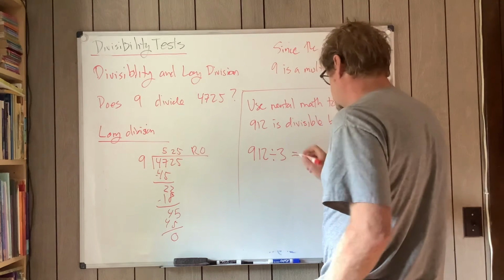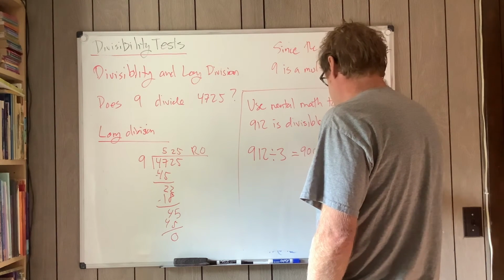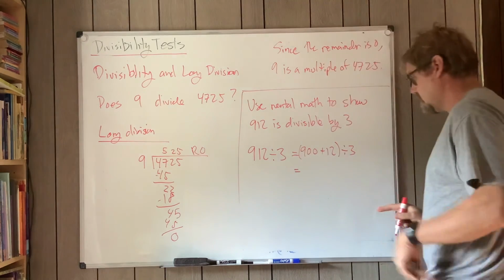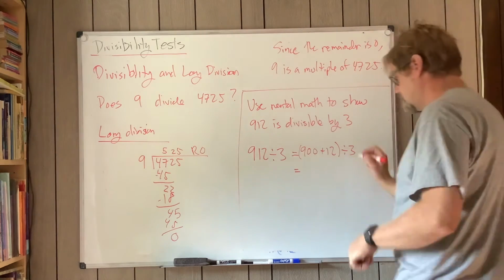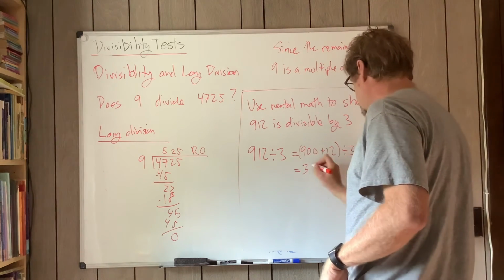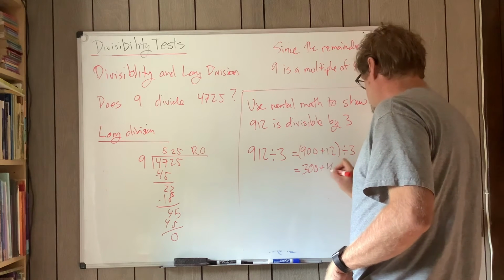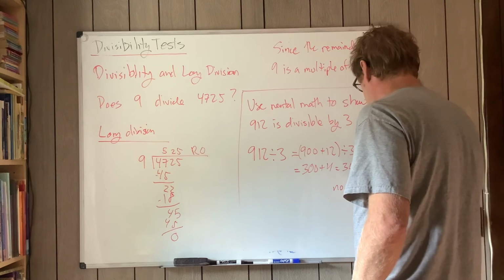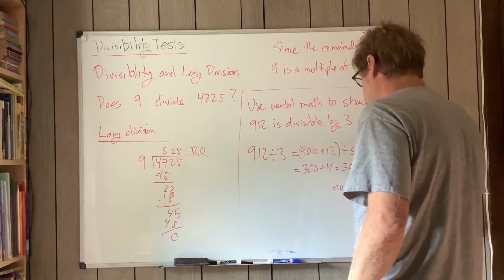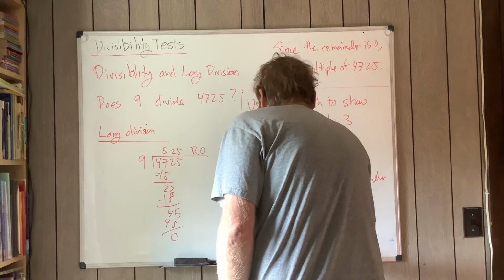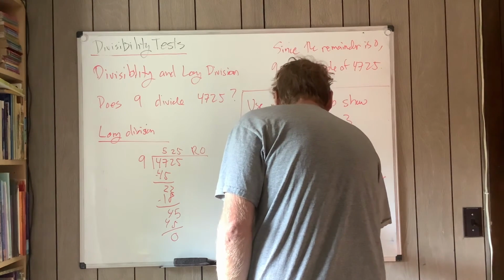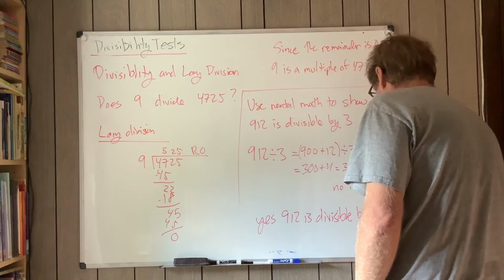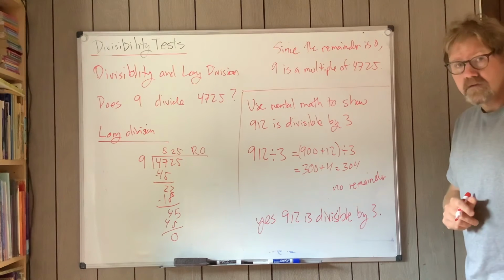And the way that I would look at this is I'm going to write this as 900 plus 12, divided by 3. I know 900 divided by 3 is 300. 12 divided by 3 is 4. So no remainder. So yes, 912 is divisible by 3.